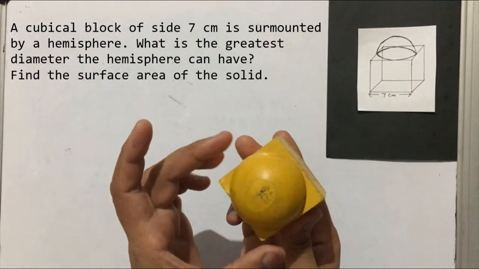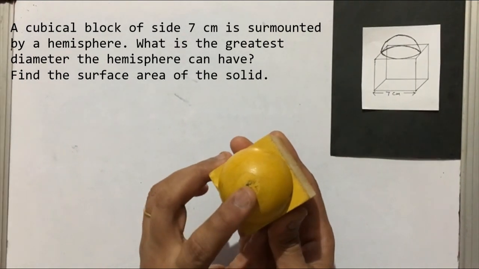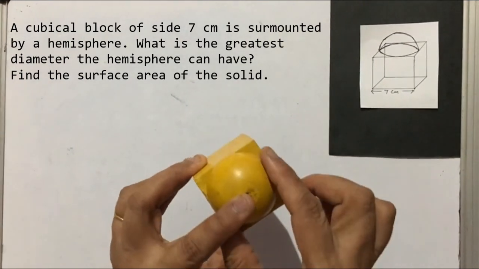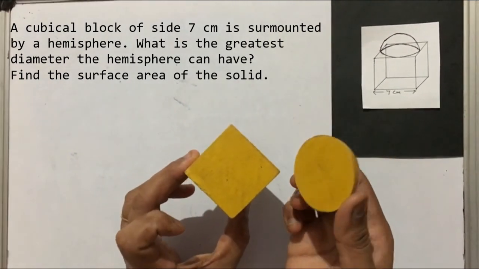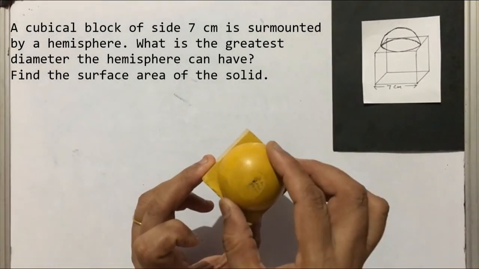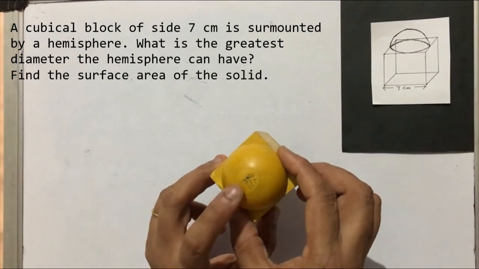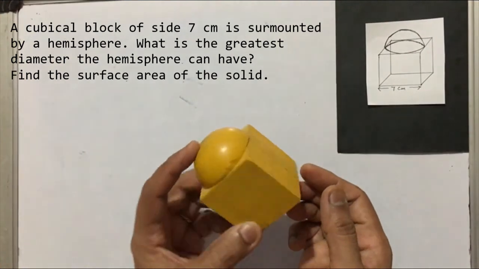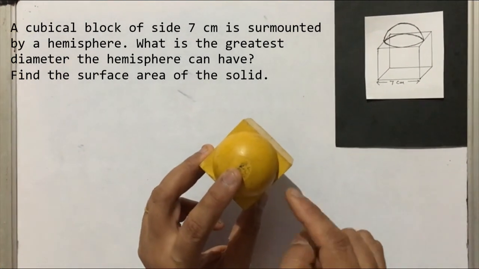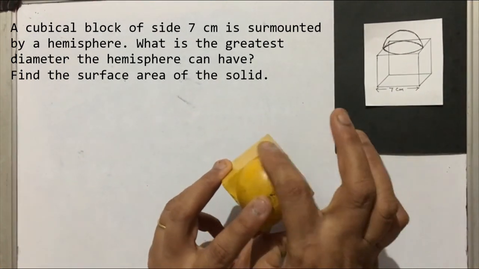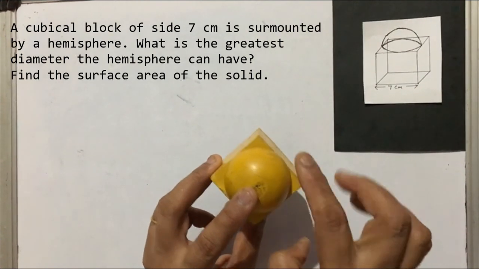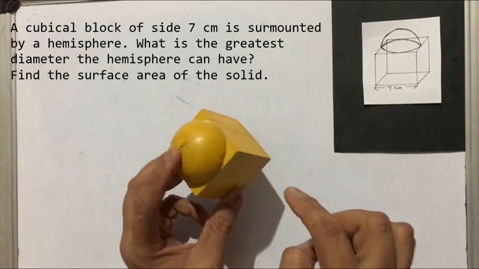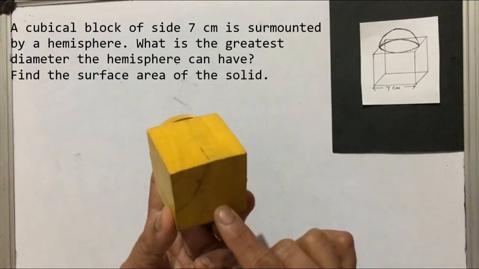That area we are going to remove, because the base of the hemisphere is going to cover this one face of the cube. So what is visible here? After covering this, the corners are left out in one face of the cube. All remaining faces are there for this cube.